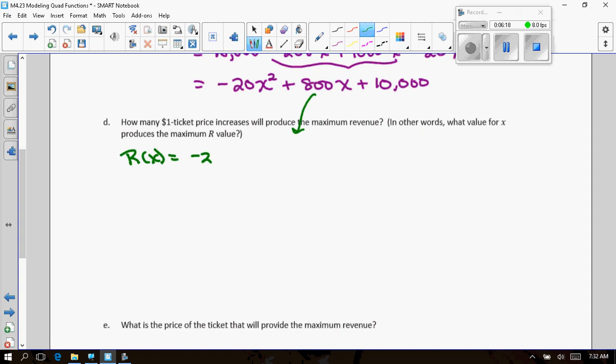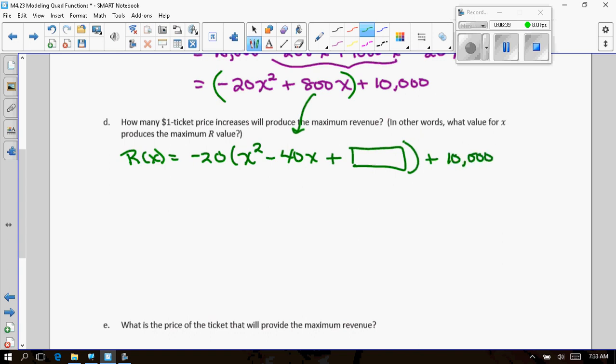I'm going to factor negative 20 out of the first two terms. And I'll have x squared minus 40x plus our box, plus 10,000, and then plus whatever we have to fill in there.